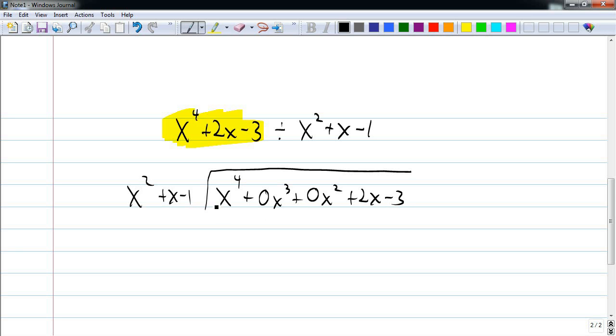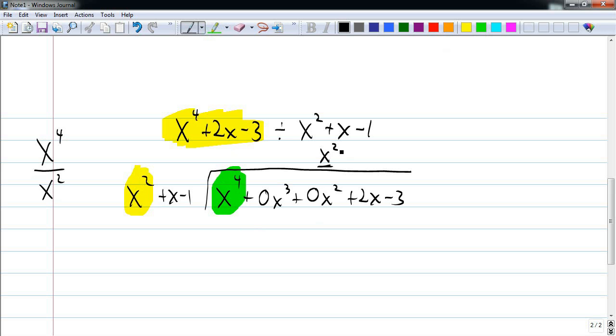I'm going to go 3 terms in, just like before, so I'll start my answer right here. Once again, I'm looking at these two leading terms and nothing else. What is x to the 4th divided by x squared? That's going to be x squared.